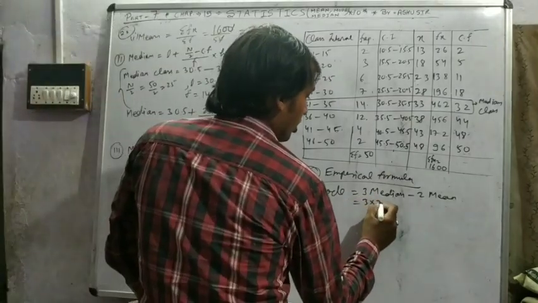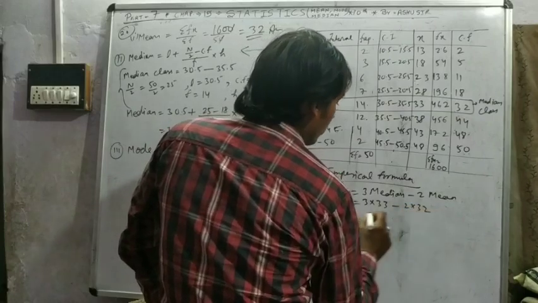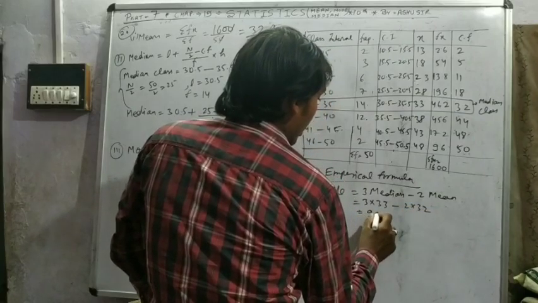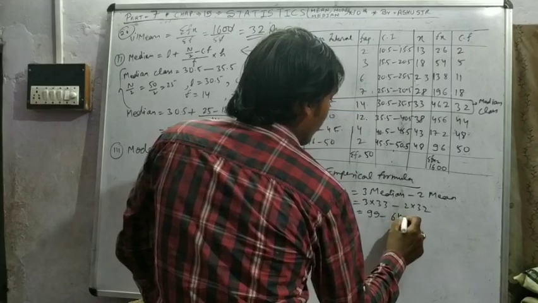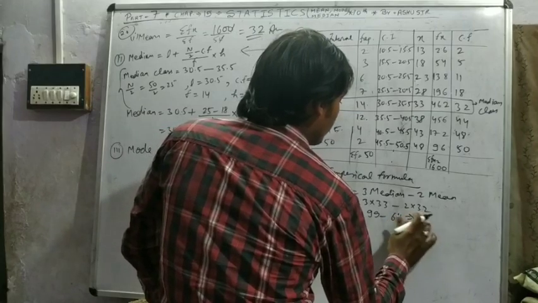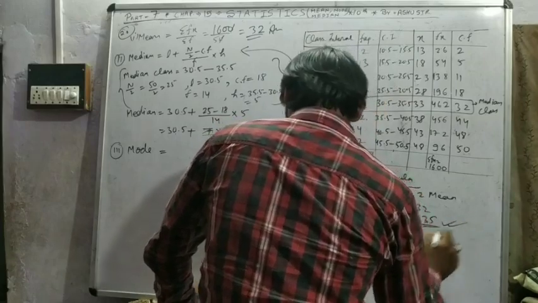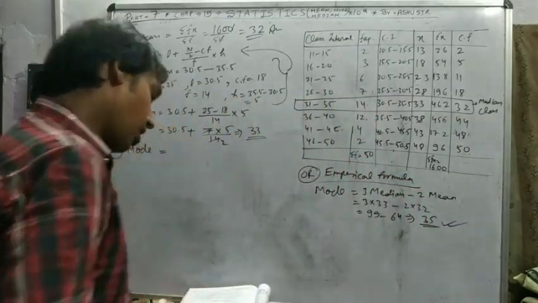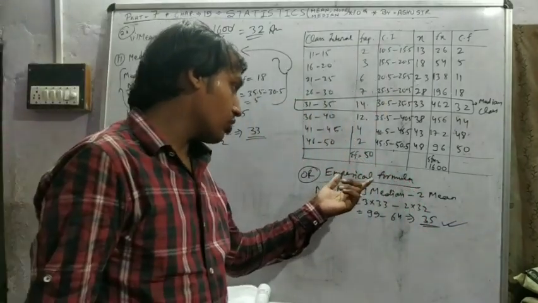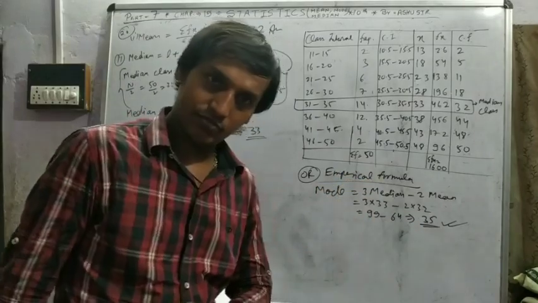So 3 into 33 minus 2 into 32, that is 99 minus 64, 35. So using the empirical formula the mode is 35.